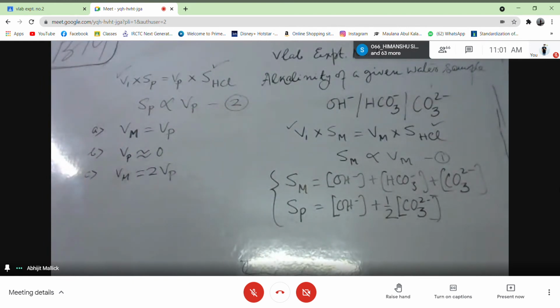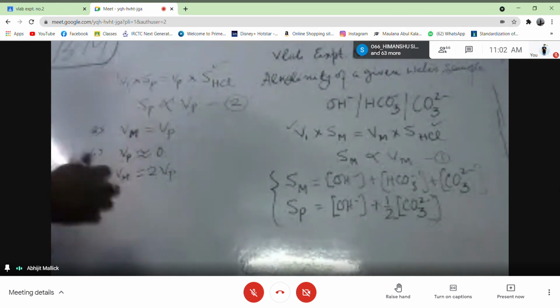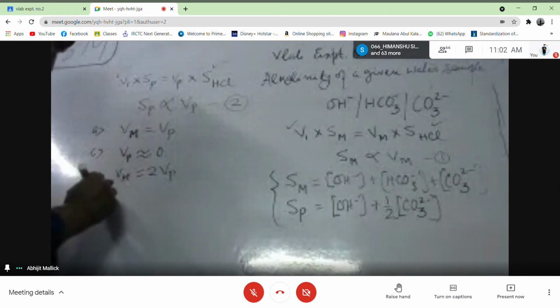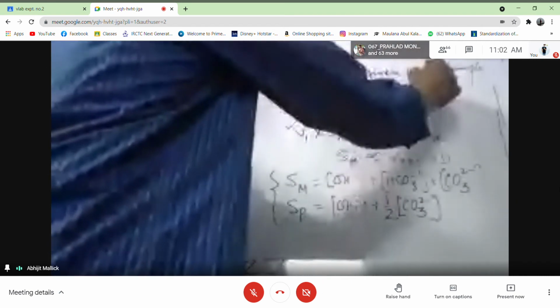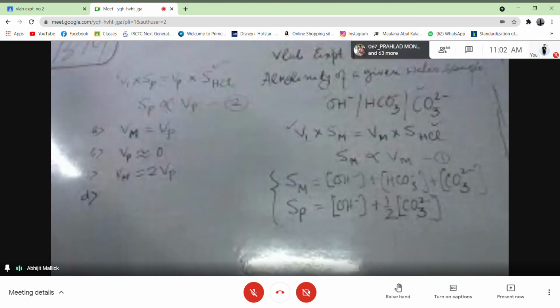Okay, next case, this is a mixture. For example, here the mixture contains OH minus and carbonate ion. There is no bicarbonate. Bicarbonate is 0.